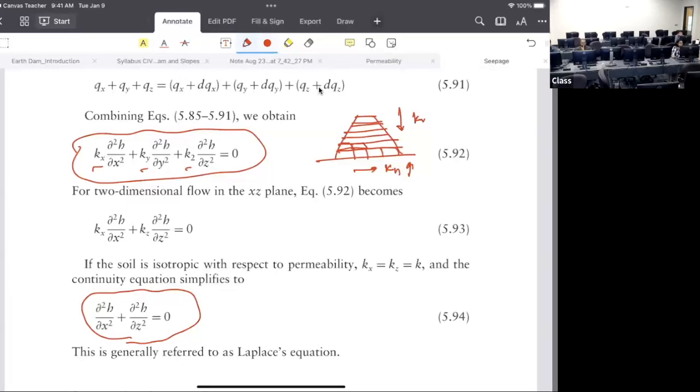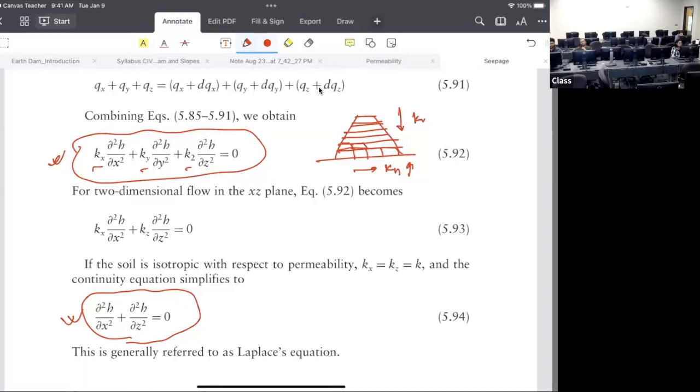Okay, very good. So now how to solve this problem? It is a differential equation. So how can we solve it? We need boundary conditions, initial conditions, and assumptions. What is the best way of solving the differential equation?